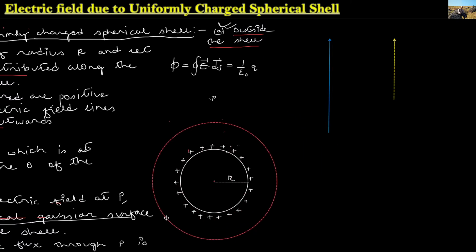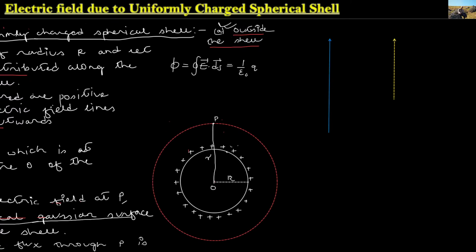So I'll take this spherical surface at the same center, and let that point P be at a certain distance, suppose small r, from the center O of the spherical shell.